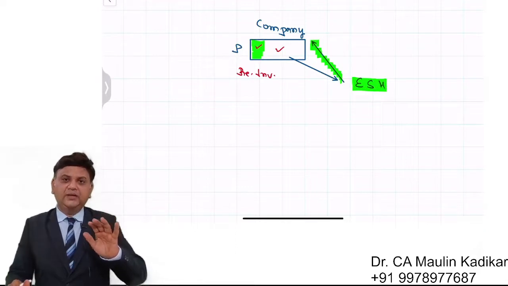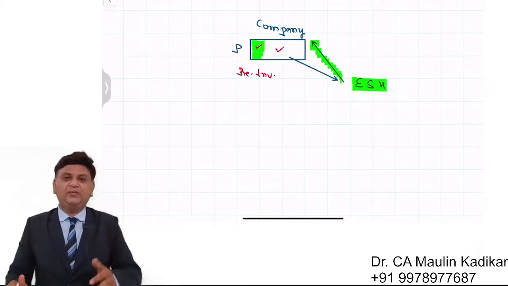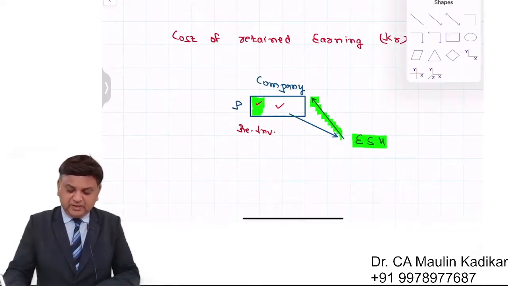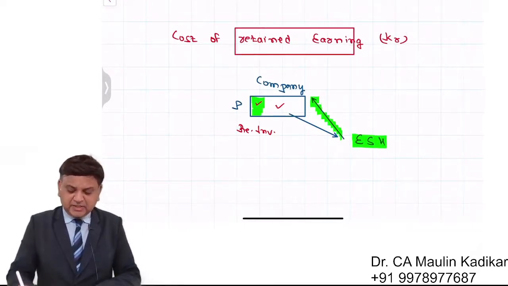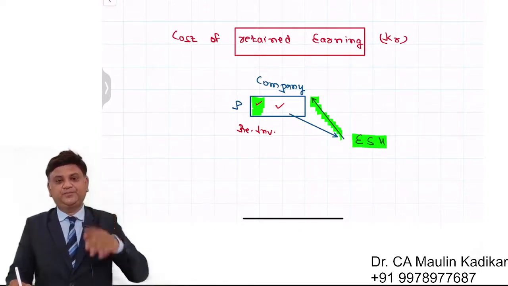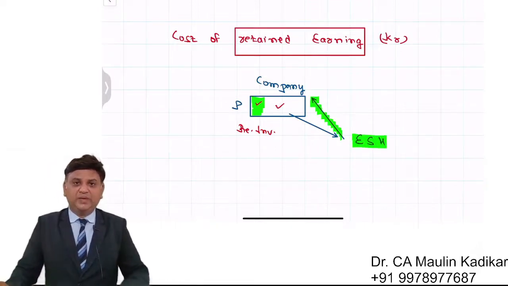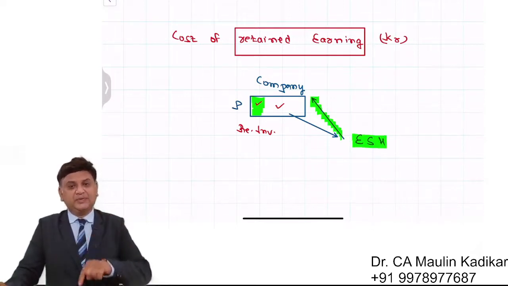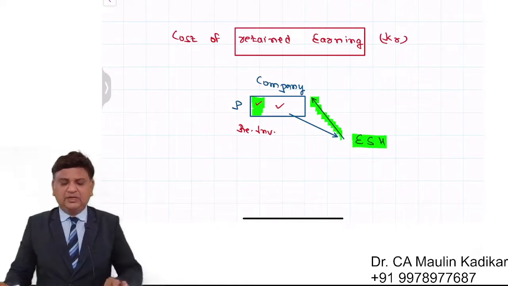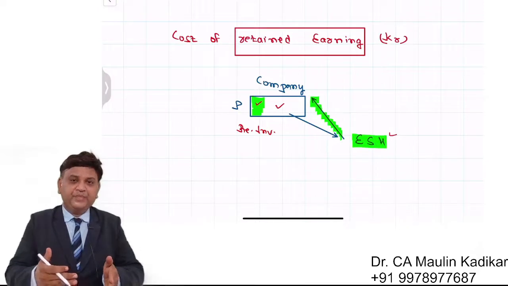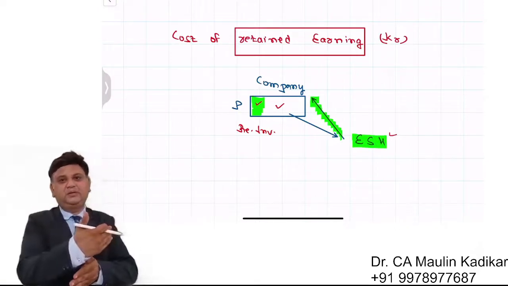So basically, in financial management, listen carefully, an argument is made that retained earning is considered to be indirect investment made by equity shareholders. So on the retained earning component, equity shareholders are expecting the same return as if they have made fresh investment.